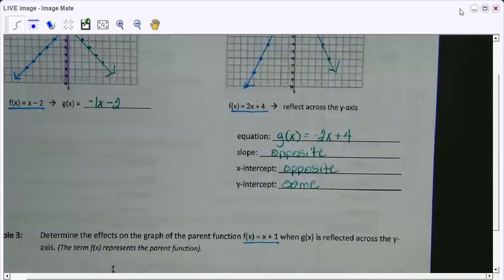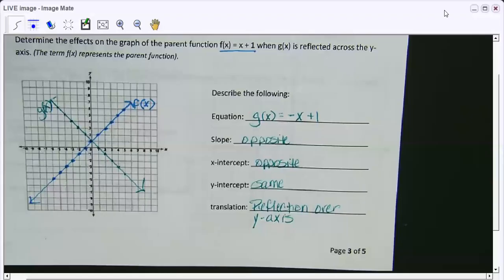All right, you go ahead and do example 3 on your own. Okay, go ahead and check your answer. Okay, are there any questions on the reflection? Well, can you wait a second? Oh, yes, I can wait a second.